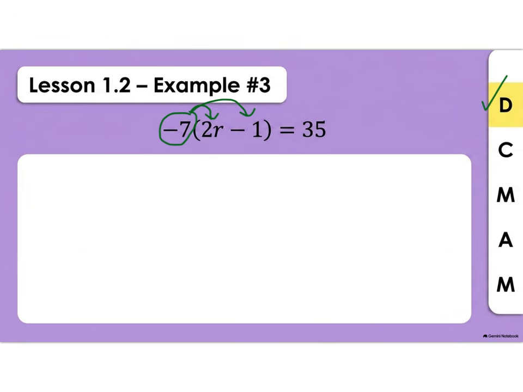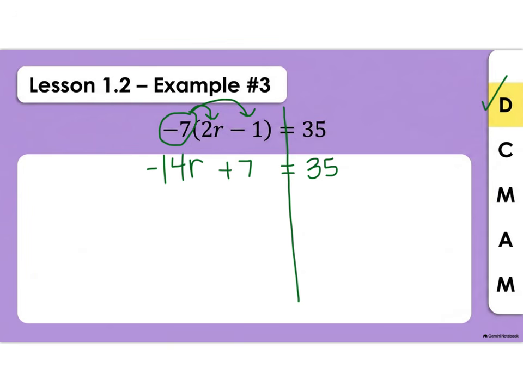So I have negative 7 times 2r. Negative 7 times 2 is negative 14r. And then I have negative 7 times negative 1, which is a positive 7. And then I'm just going to rewrite this 35 here. So I have my whole new line.